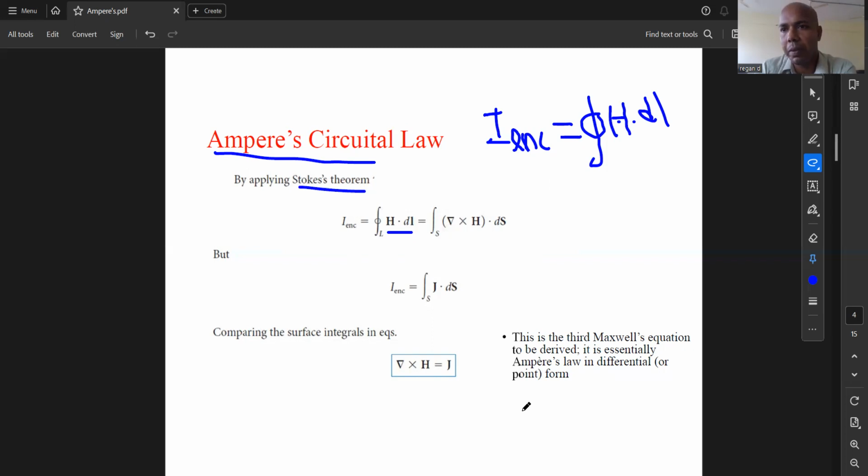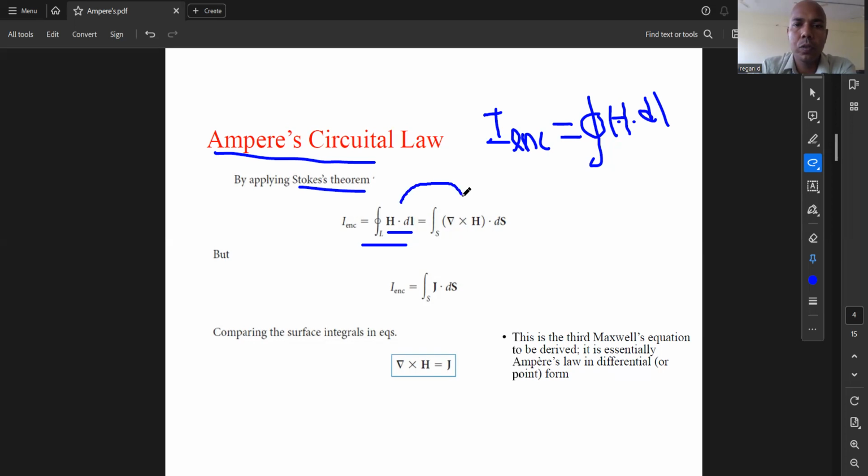What is the Stokes theorem? Simply, a closed line integral can be converted to a double integral, that is, a surface integral. Here we have H dot dl under a closed line integral.